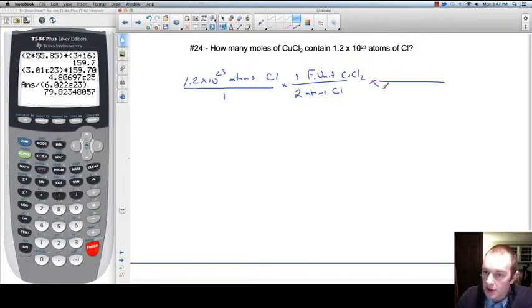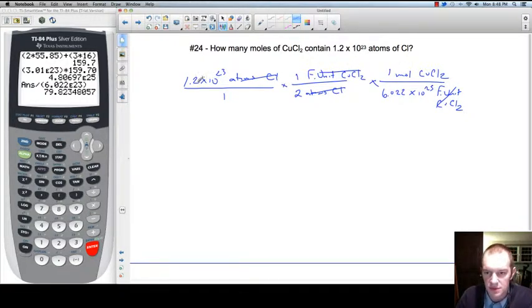How? We know that for every 6.022 times 10 to the 23rd formula units of CuCl2, we're going to end up with how many moles of copper(II) chloride? 1 mole of CuCl2. Atoms of chlorine will cancel, formula units will cancel.